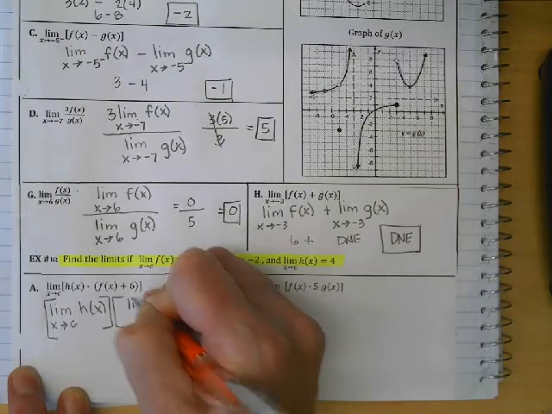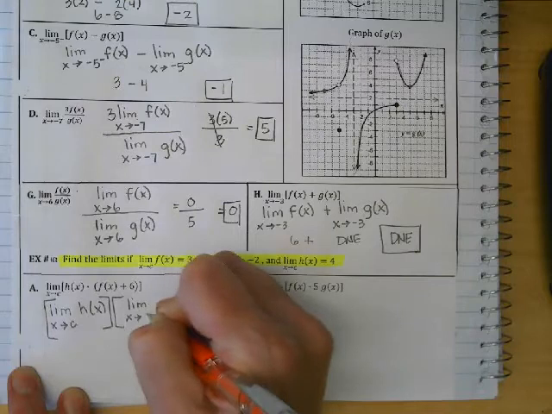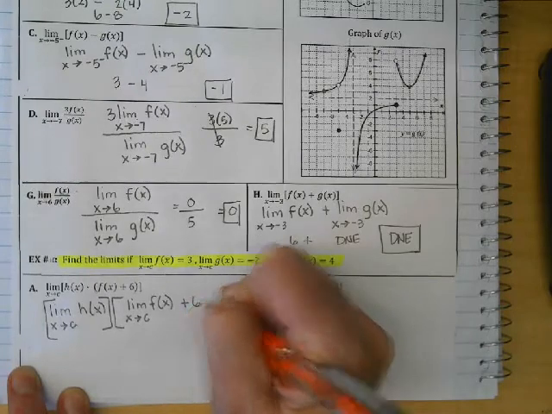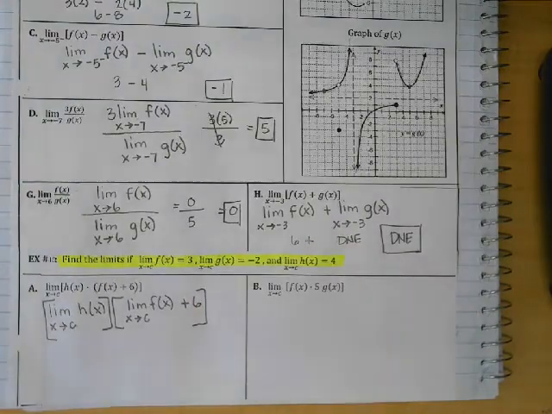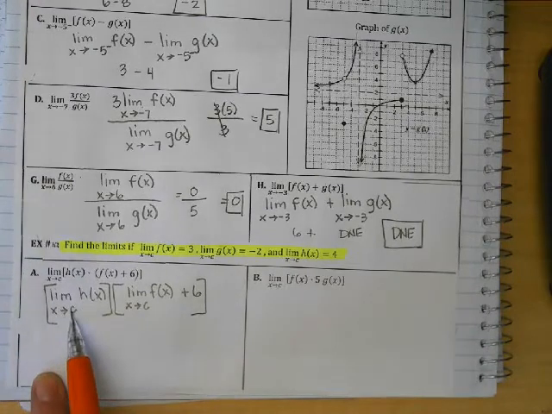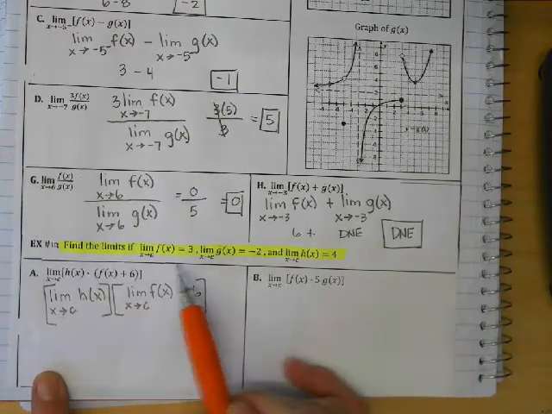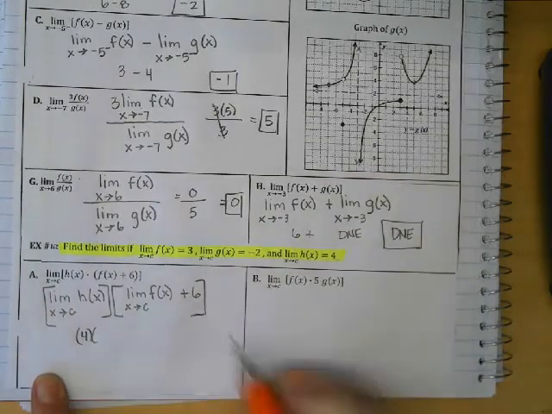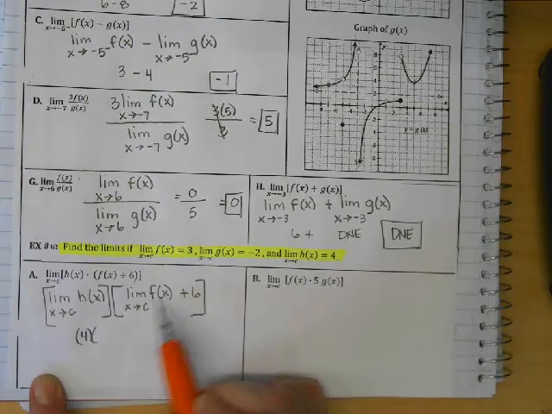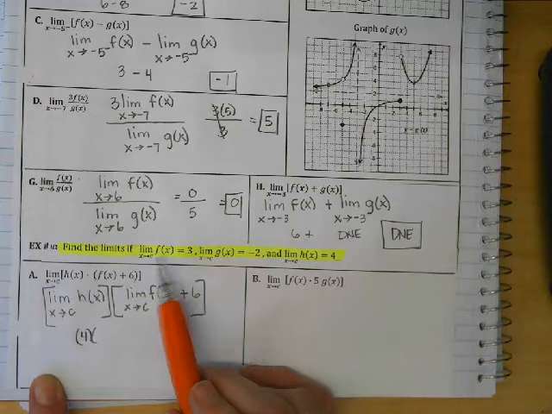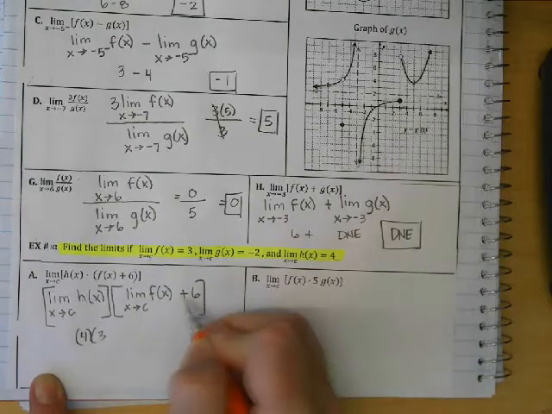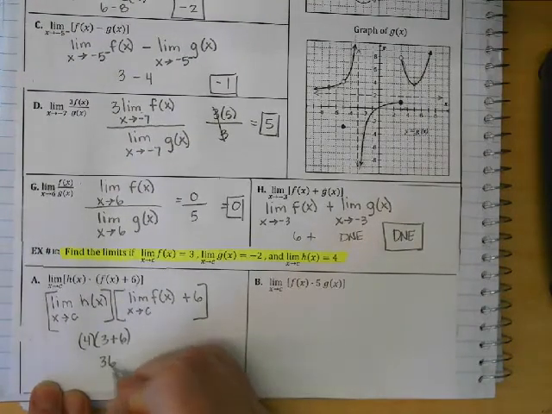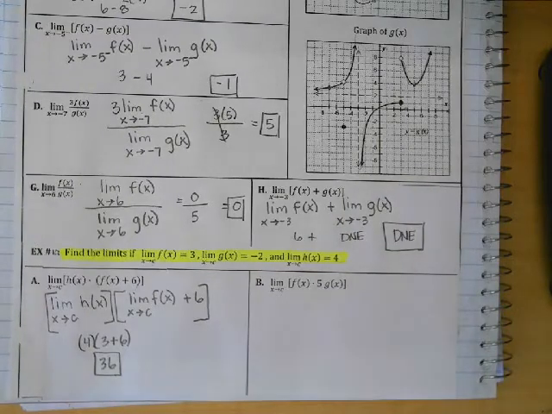The limit as x approaches c of f of x plus 6. Okay, well, the limit as x approaches c of h of x is 4. So I've got 4 times the limit of f of x as it approaches c is 3, plus 6. So I'm going to get 4 times 9, 36. Okay.